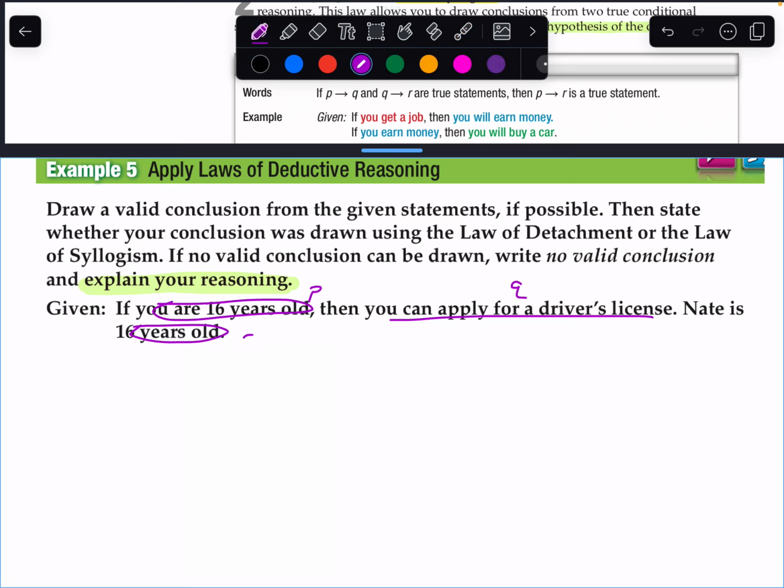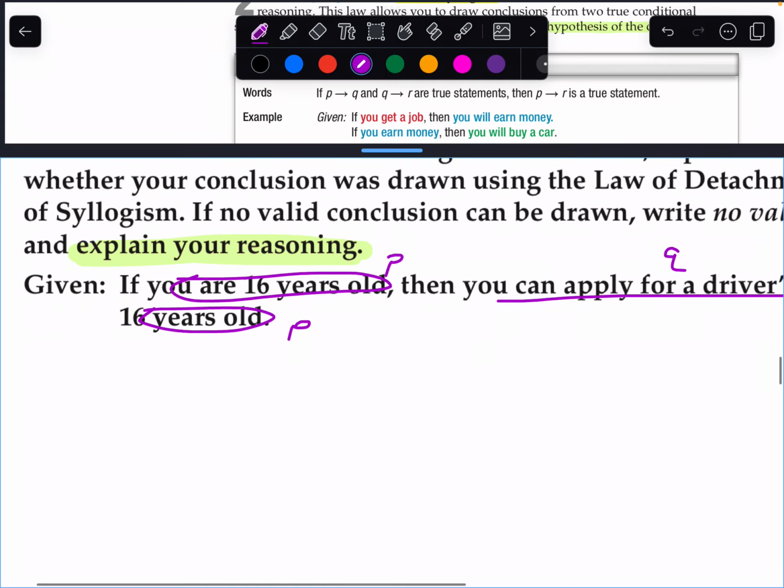Okay, that's a repeat of statement P. I have a non-conditional restatement, a specific instance of the hypothesis of the conditional. That's good. That means this is law of detachment.